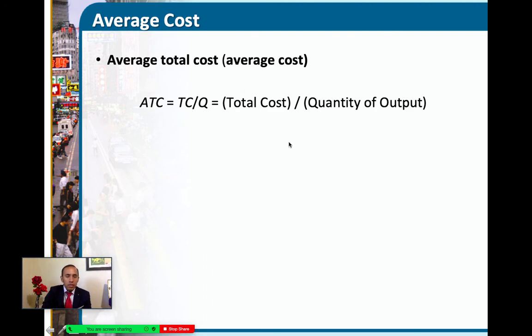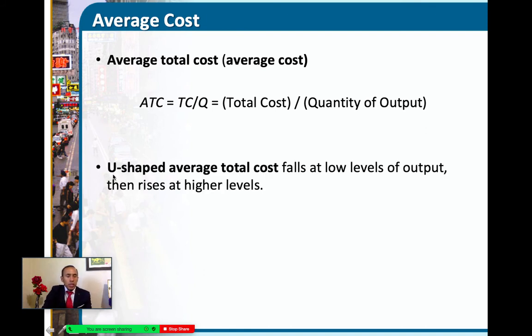So total cost is divided by the total quantity produced. That will give you the average cost of production. And it's usually U-shaped, meaning that the graphical illustration is not going to be a straight line that increases, but more of a U-shaped graph.